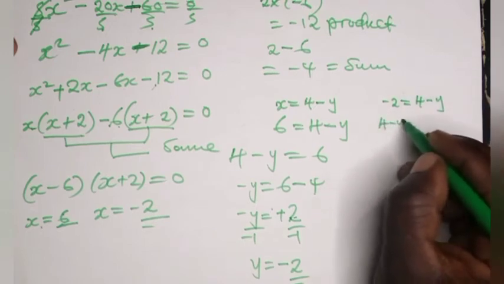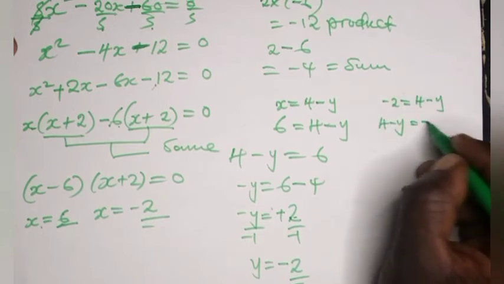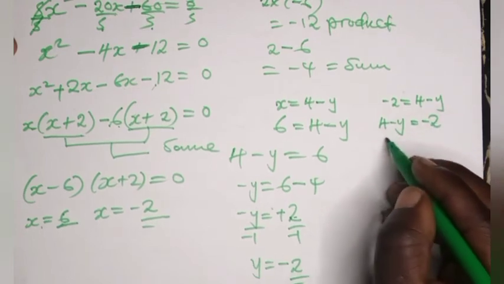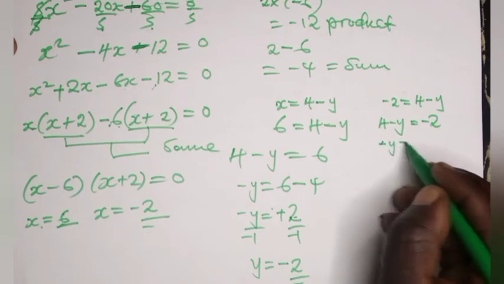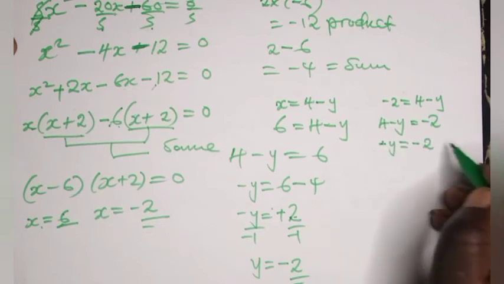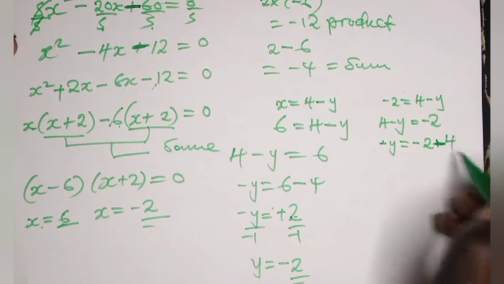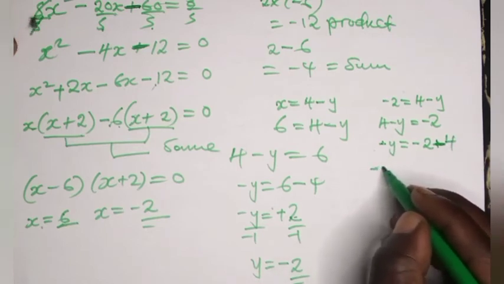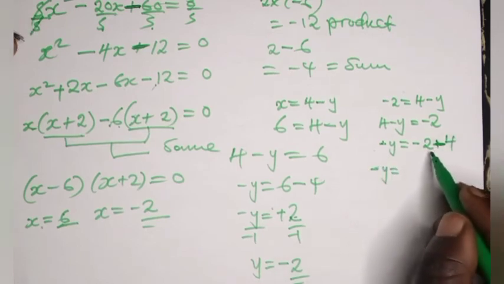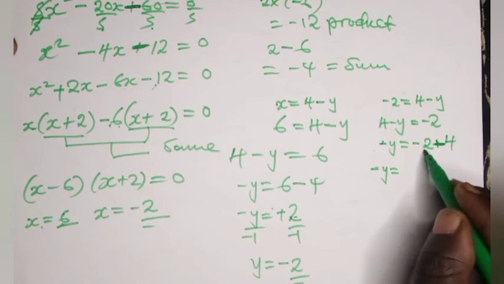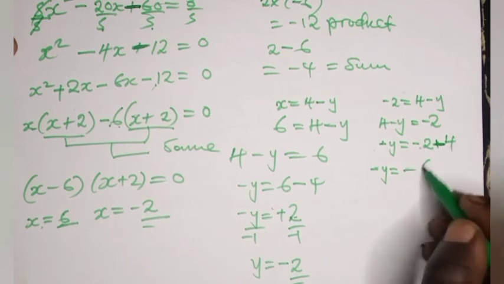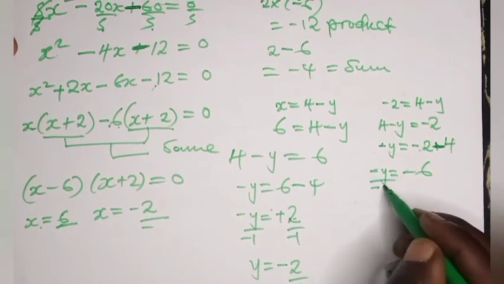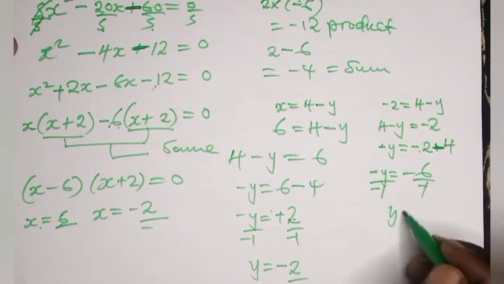Then minus y equals minus 2 minus 4, which is minus 6, over minus 1, which gives y equals 6.